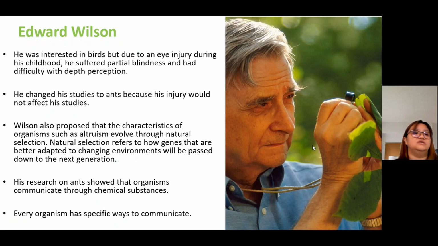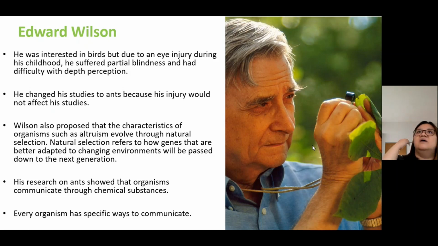Because of that, he changed his area of study to ants. Through his observations of living species, he proposed that characteristics of organisms, like altruism, evolve through the process of natural selection.